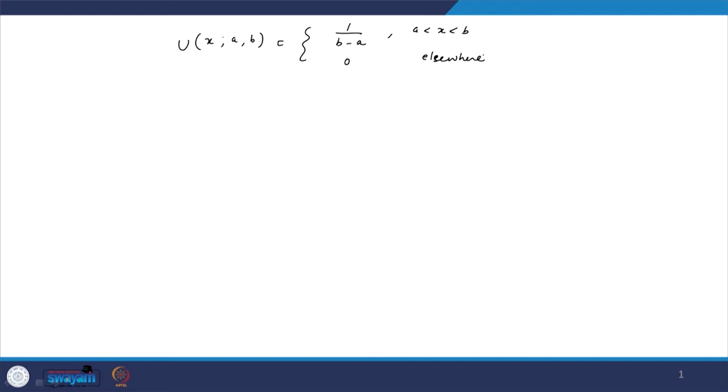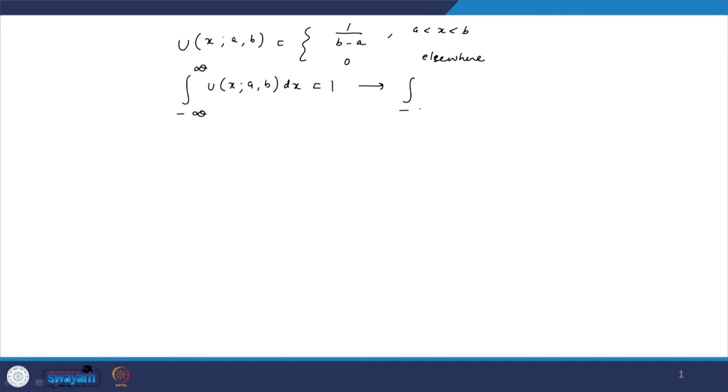First of all, if you want to see that it is a distribution function, the integral from minus infinity to plus infinity of U(x; a, b) dx should be equal to 1, of course. So let us verify it quickly.